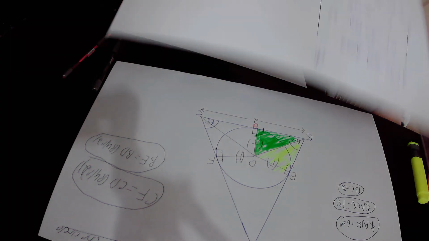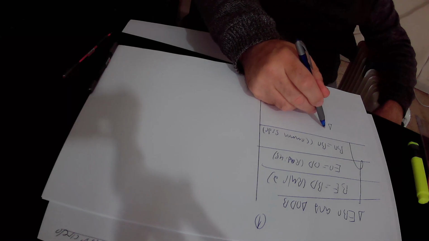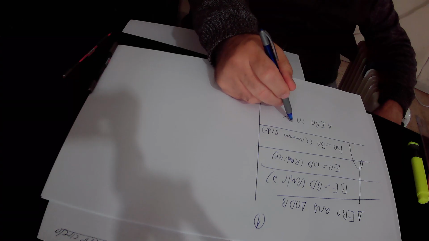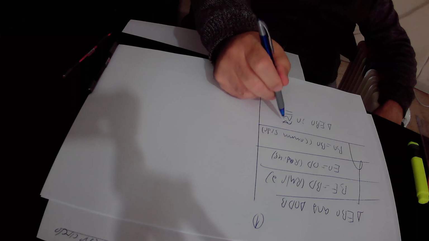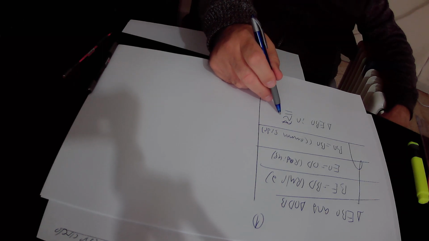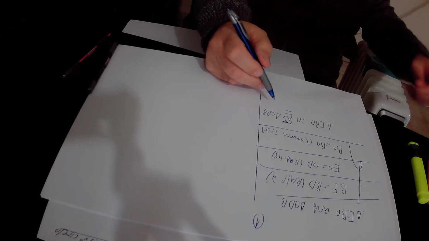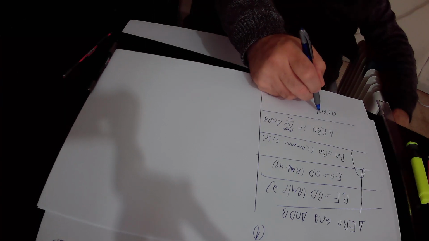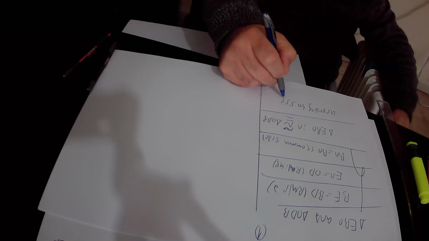Therefore we proved that the yellow triangle EBO is congruent, this is the sign of congruent, to the green right triangle ODB, according to the side rule.